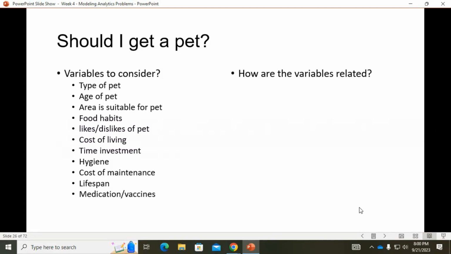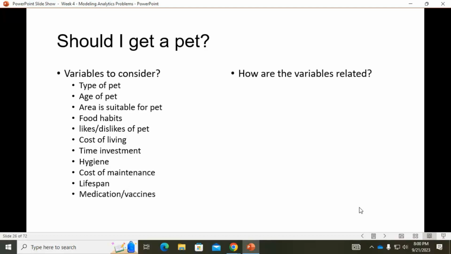Now, the thing about a good model is that it is what we call parsimonious, which is another big word. I'm not trying to make this more difficult, but parsimonious means it's saving money, saving space. So you want to be as minimal as possible. So I bring this up because we have all these variables.